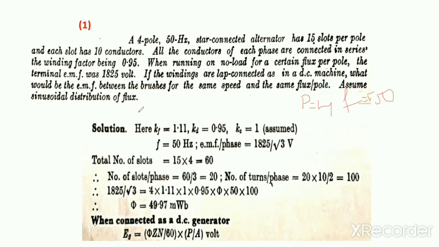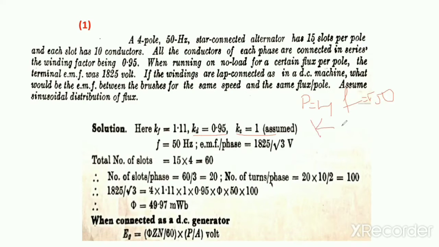In this case, the distribution factor KD is equal to 0.95, that is given in the question. Also consider KC, the coil span factor, therefore KC is equal to 1. There is no KC value in the question, that's why we are assuming KC equal to 1.